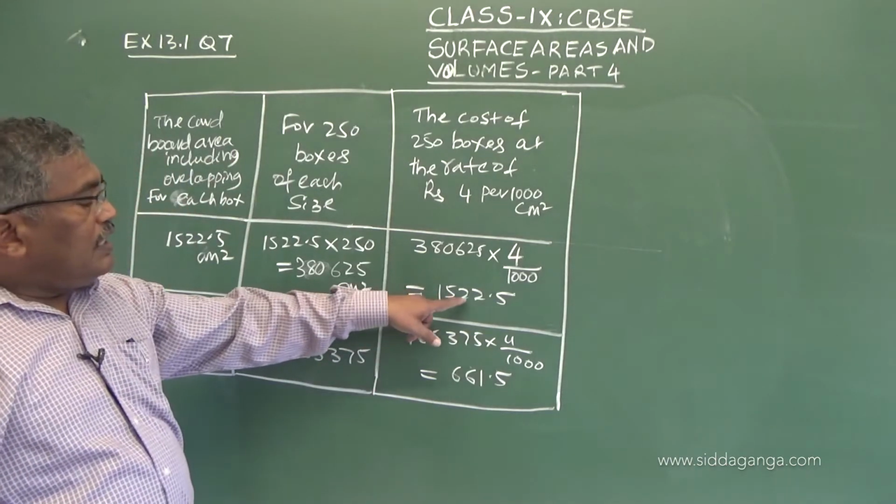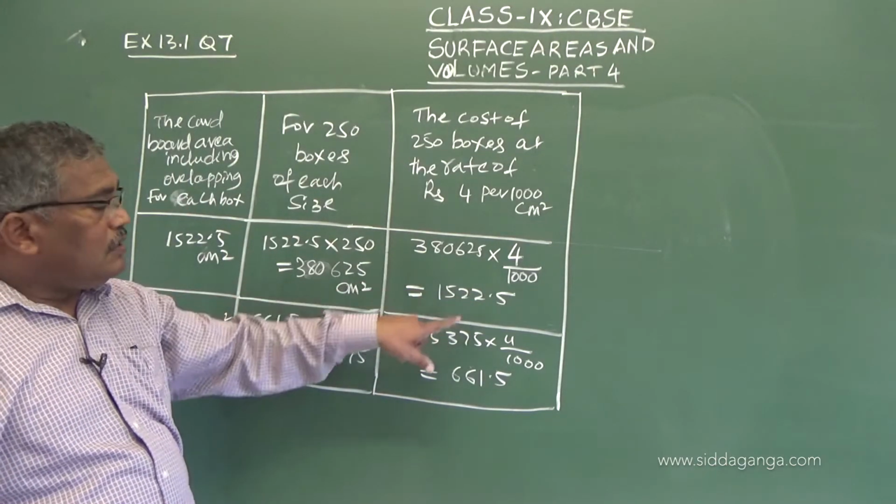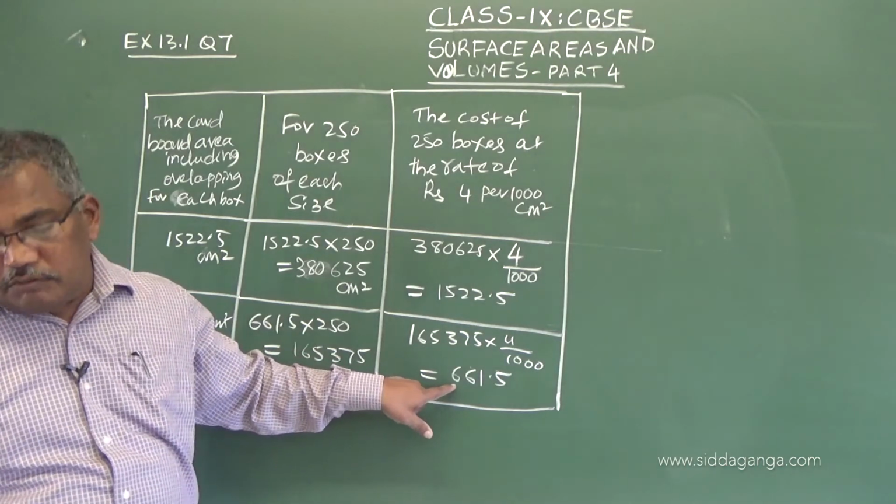So this is the cost of 250 bigger boxes, this is the cost of 250 smaller boxes.